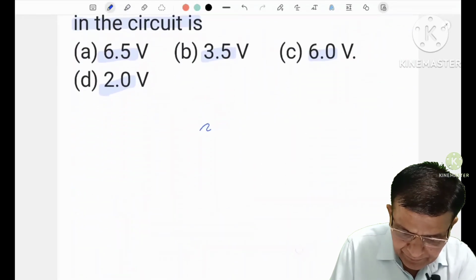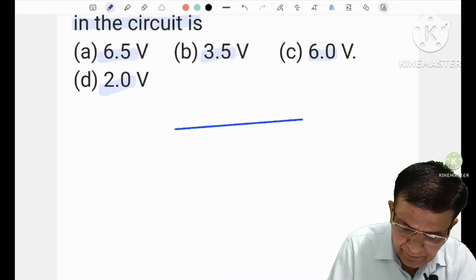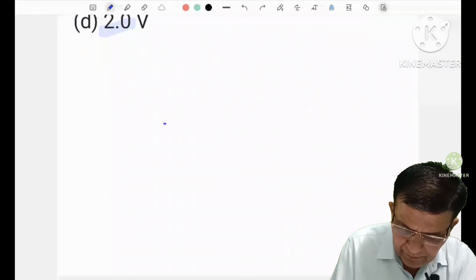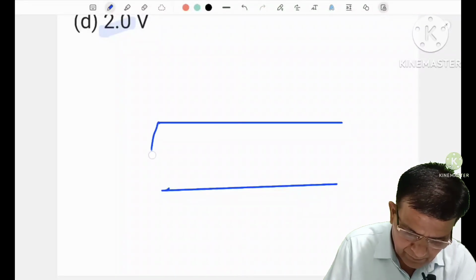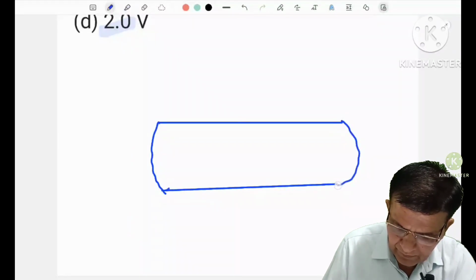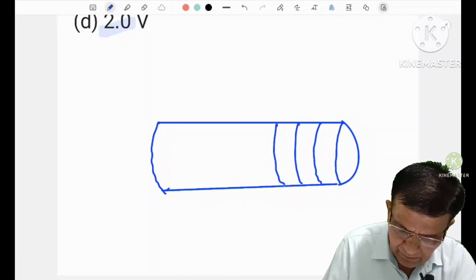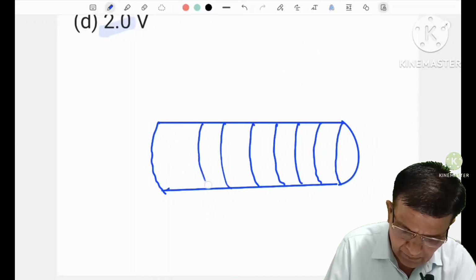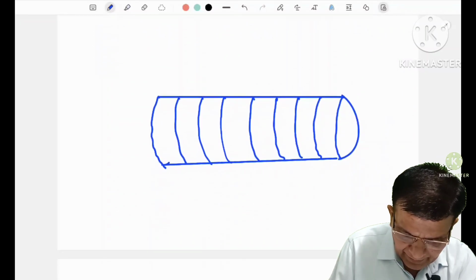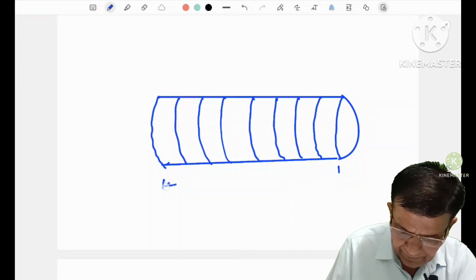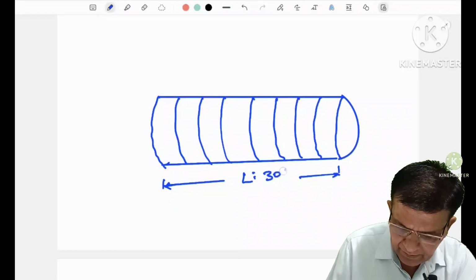A solenoid. Its length L is 30 centimeter or 0.3 meter.